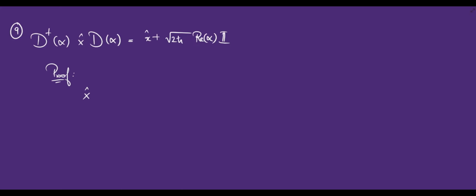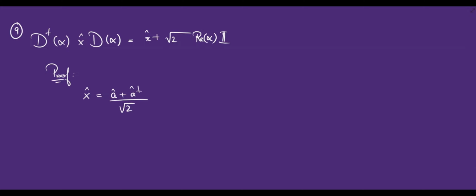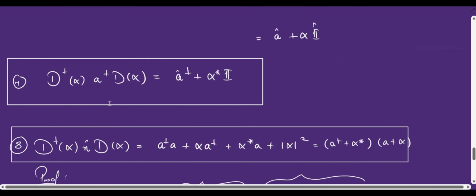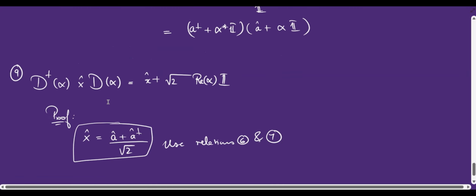We just need to substitute x cap is equal to a cap plus a cap dagger by root 2. And let's forget this h bar here. Doing that, you will be able to prove that relation, by using this particular formula of the quadrature operators and then using relations 6 and 7. Use relations 6 and 7 to prove 9.